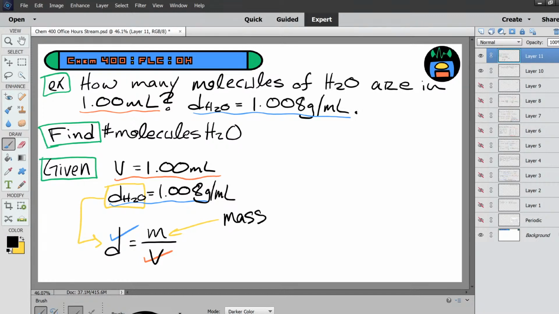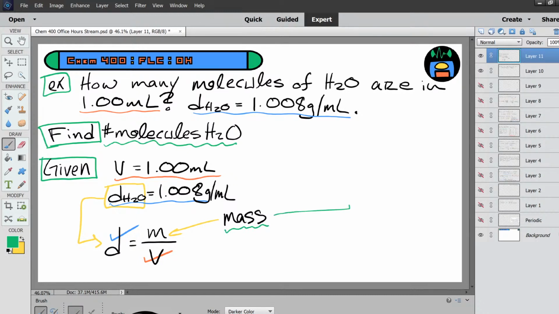Is mass what we're looking for? The answer is not exactly. We're looking for molecules of water. But does mass relate to molecules? And the answer is absolutely.